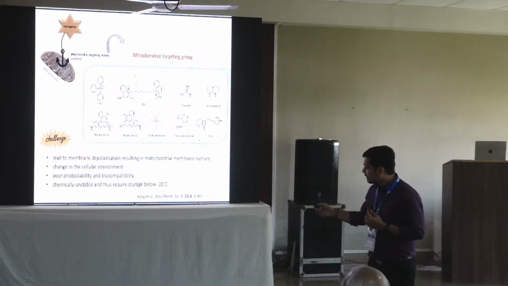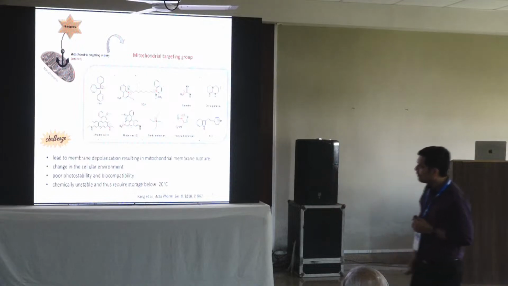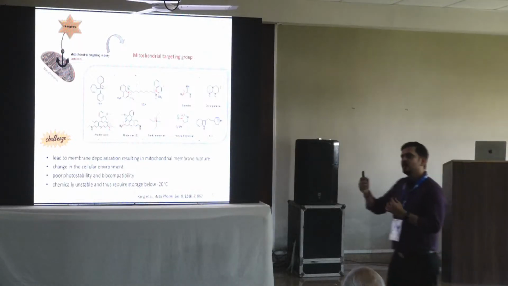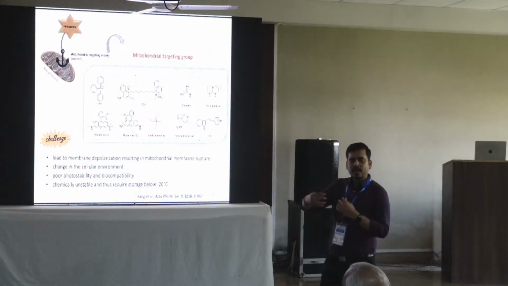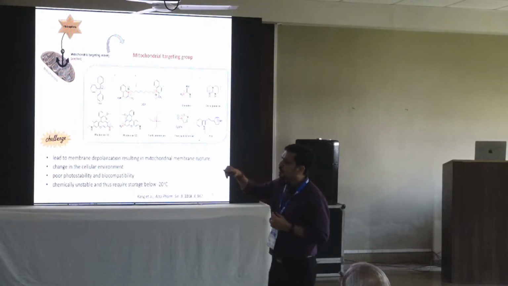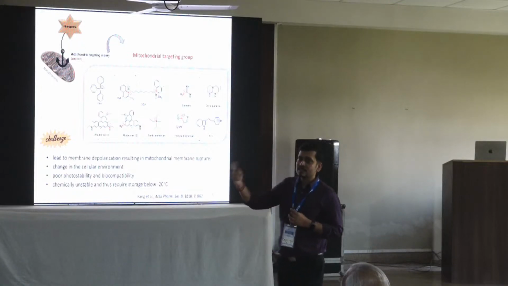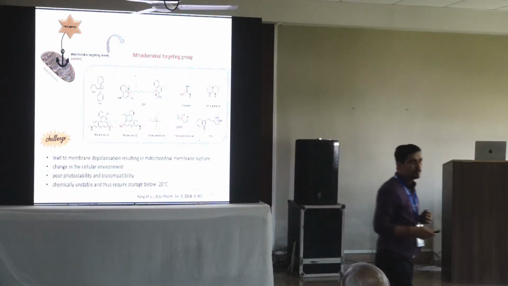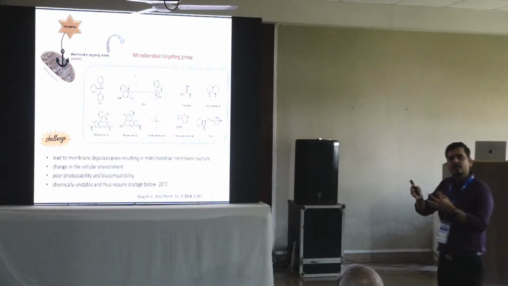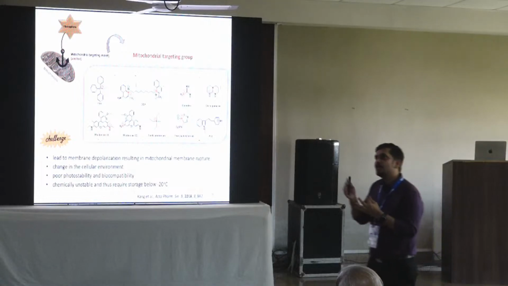They have a couple of other issues as well. I will not go into detail on that. But the idea was, can we have a simple analog which can reside inside the mitochondria and give you the exact picture? And one aspect which I missed, I was trying to compare the green fluorescent protein versus these flavin-based fluorescent proteins, is that the green fluorescent protein fails to give you any significant fluorescent emission in hypoxia conditions.